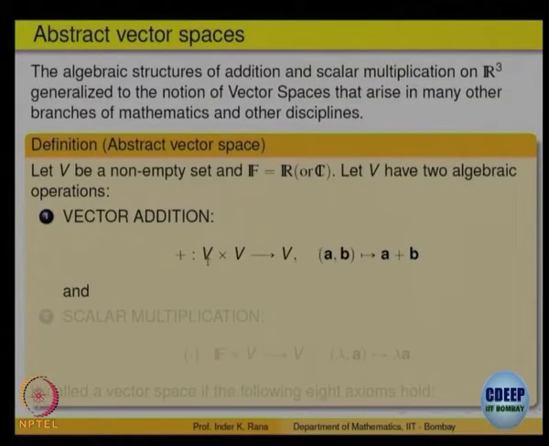One is called addition. If we look at V cross V, an element in V cross V is an ordered pair.